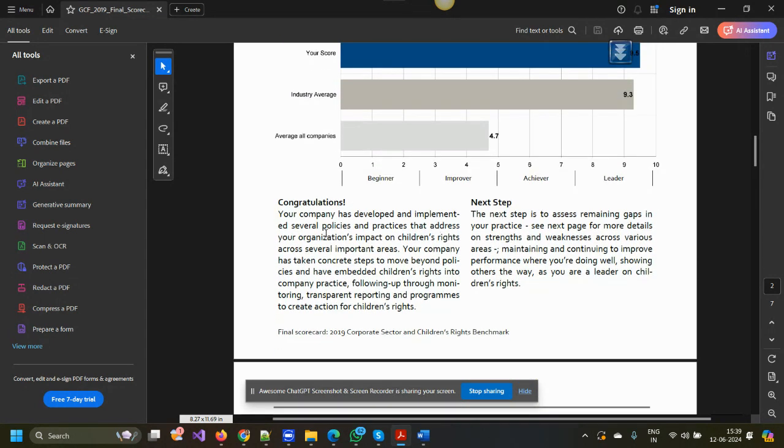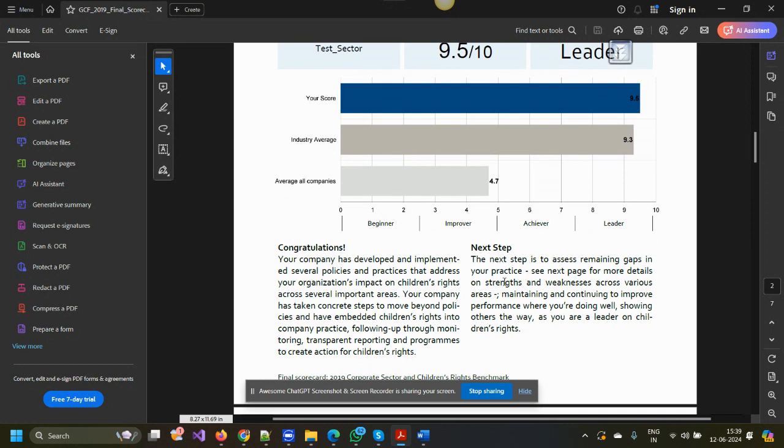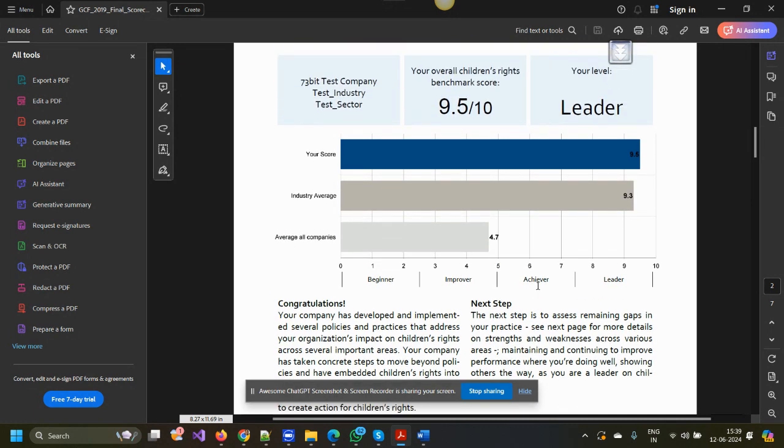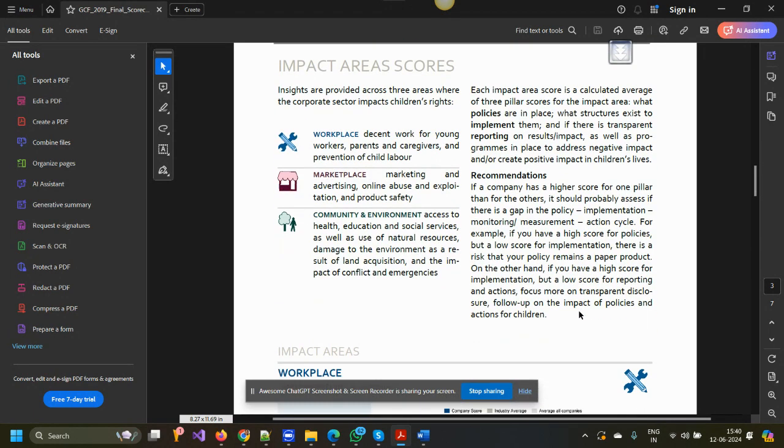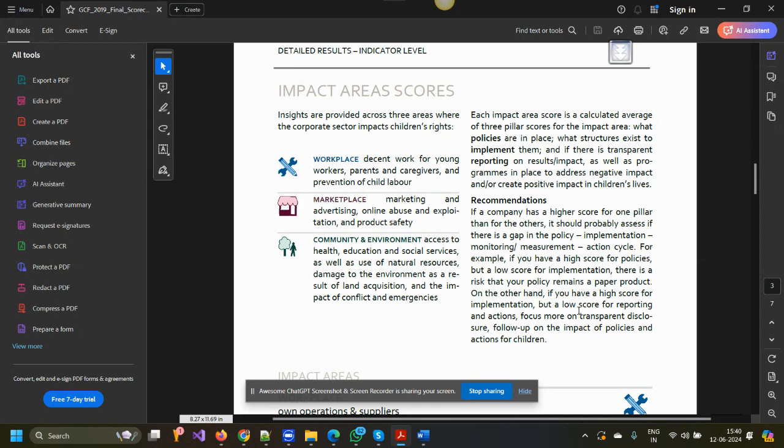At the end of this first page, there is a congratulations message on what all things that company has done well and how they have reached a leader stage, and what can be the next steps. If they are under improver, achiever or leader, what can be the next steps that they can take, and what are the weaknesses and how they can address them. A short paragraph explains that to them.